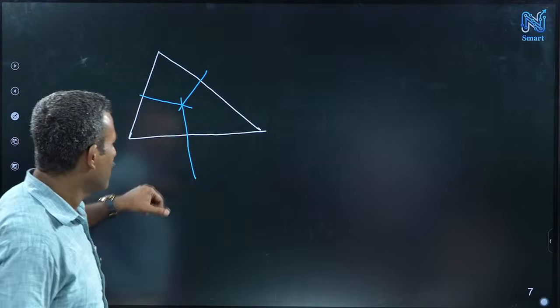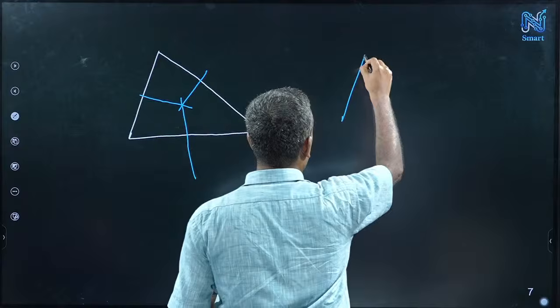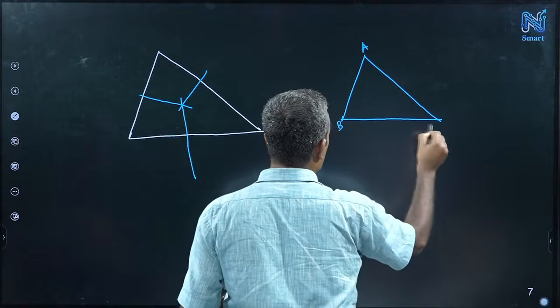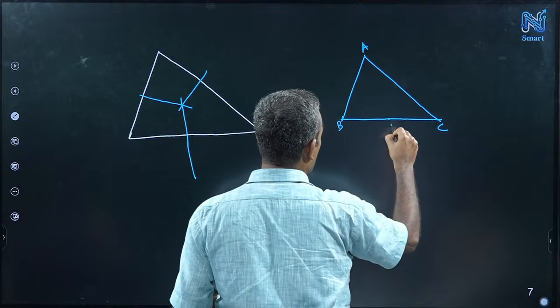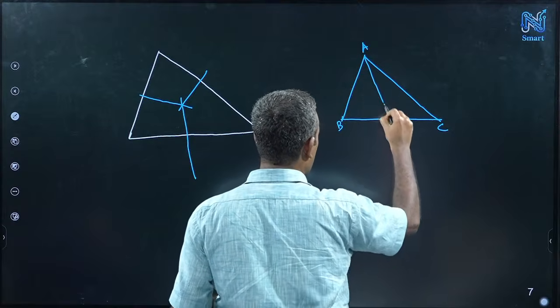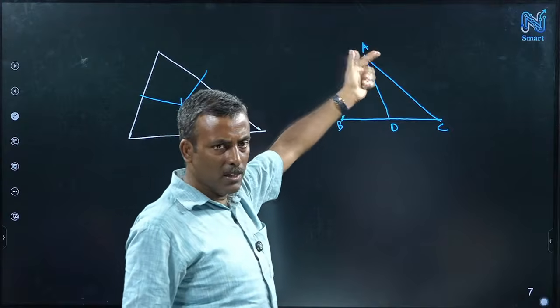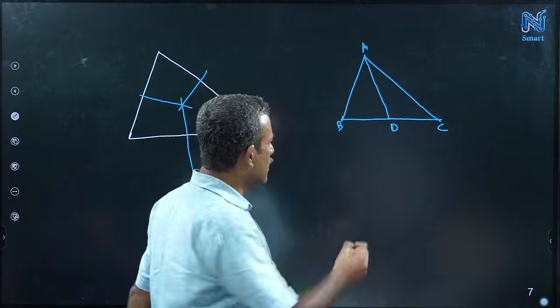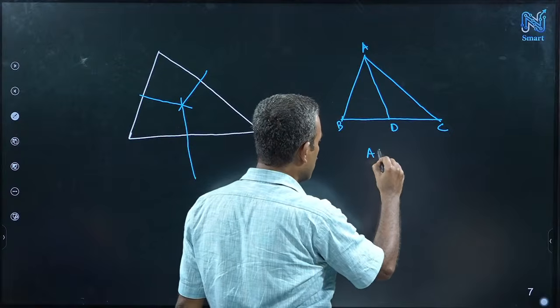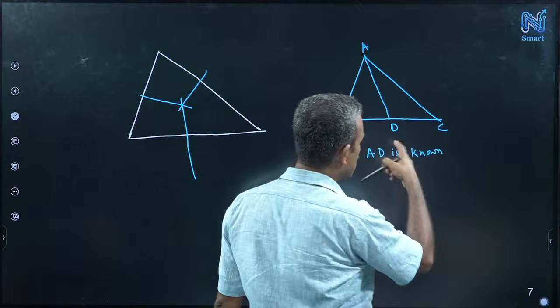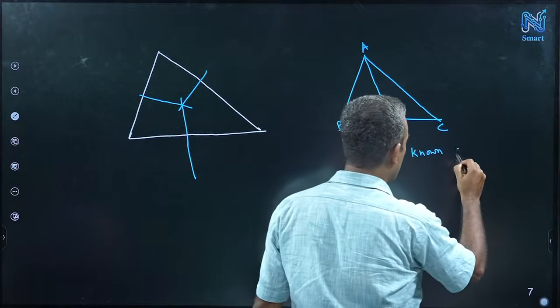This line has some name. If for a triangle ABC, you take any point D on BC and join AD, you can do the same thing, take a point on AC and join B with that. This line AD is known as, since it is very important for Ceva's theorem, a Cevian.